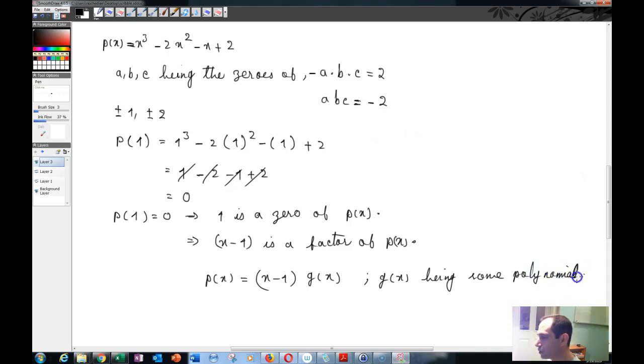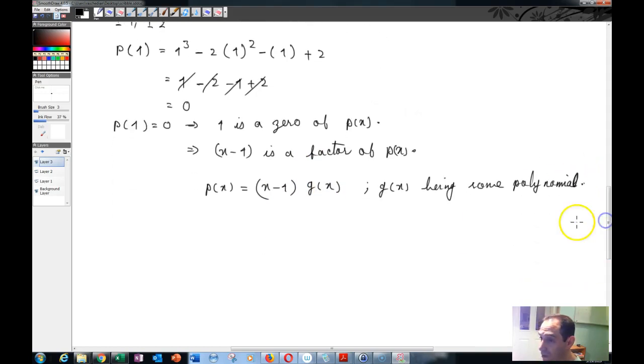So now you need to figure out what your G of X is. G of X, this polynomial, is equal to P of X divided by X minus 1.